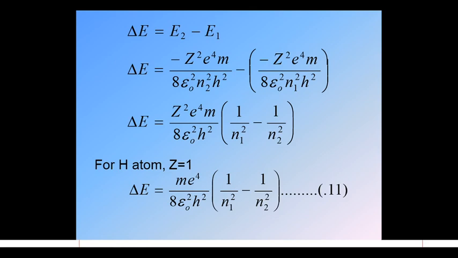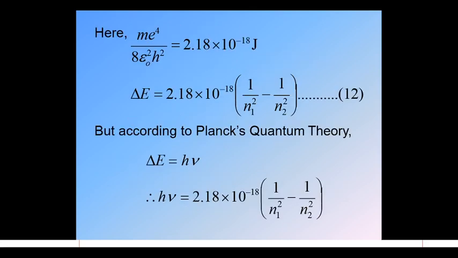So you can find the expression for delta E, and in the case of the hydrogen atom we know that Z is equal to 1. Again the constant is given as a factor 2.18 into 10 raised to minus 18 into 1 by n1 square minus 1 by n2 square.